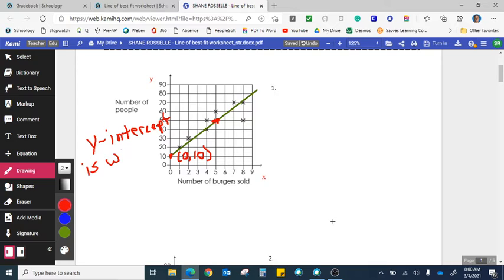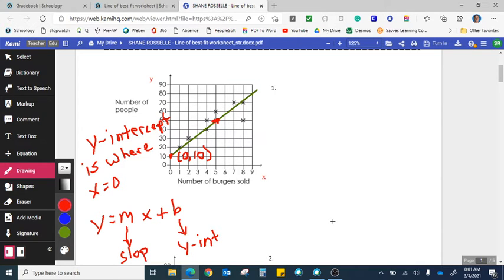In slope-intercept form, y equals mx plus b. B is what we call the y-intercept, and m is what we call our slope, our rise over run.